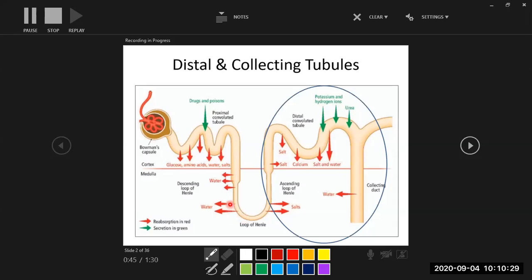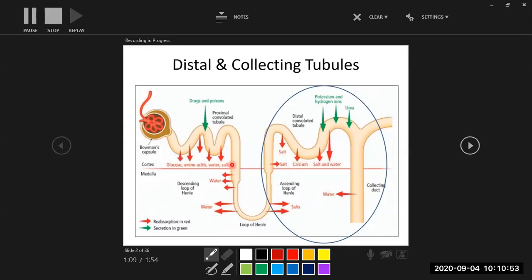So when it's permeable to water, water very quickly gets reabsorbed back into our body. And we also learned that the descending limb of the loop of Henle is permeable to water, but not the ascending limb.